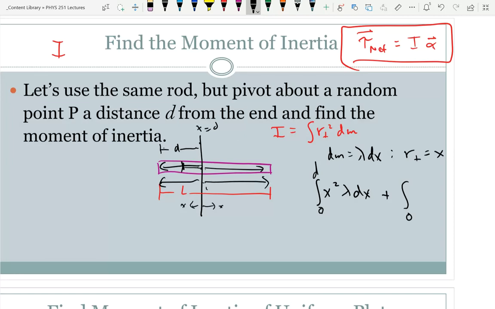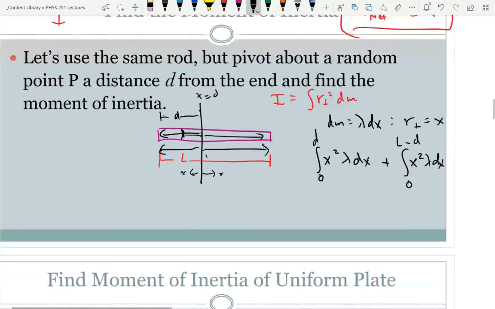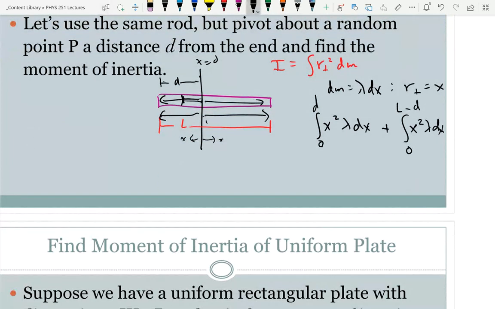L minus D. And once again, my R perpendicular is X. Lambda is constant, so it's right in front. Integral of X squared dx, what's that? X cubed over 3. And this one's just the same.